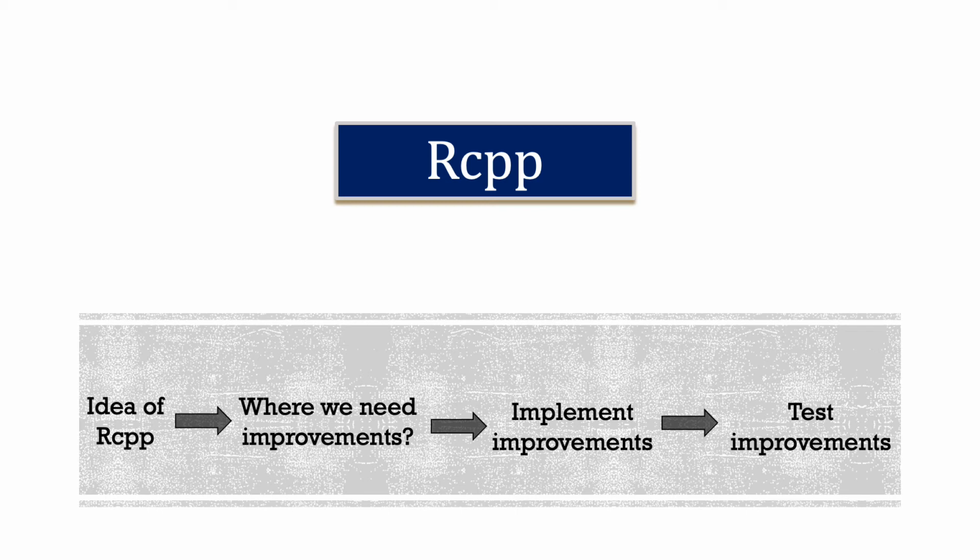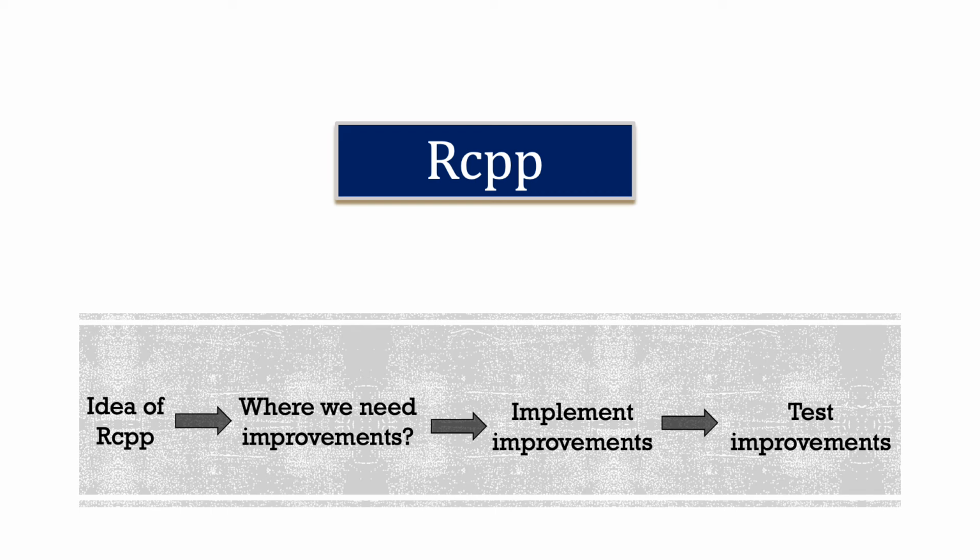The most important step is to test whether these improvements actually work. It's tricky to predetermine which code is best in C++ and which should be kept in R. So it's important to test different levels of Rcpp implementation. Finally, we found the most efficient approach and implemented it in the version we have.